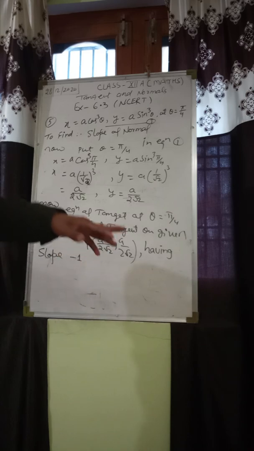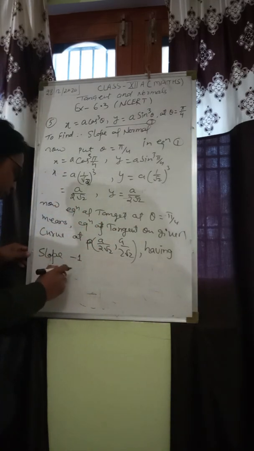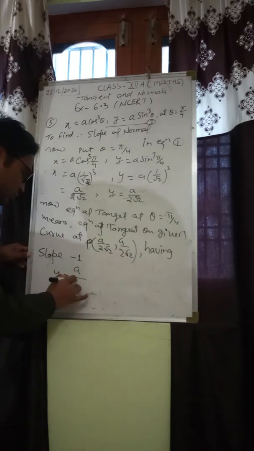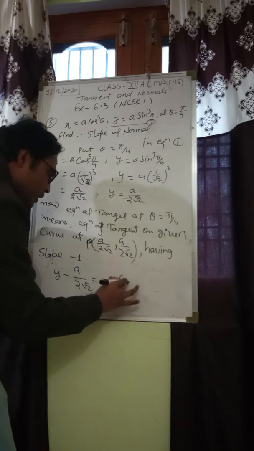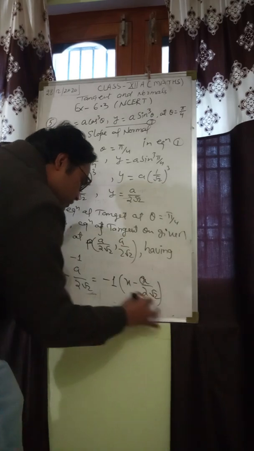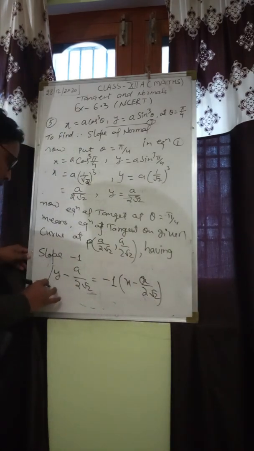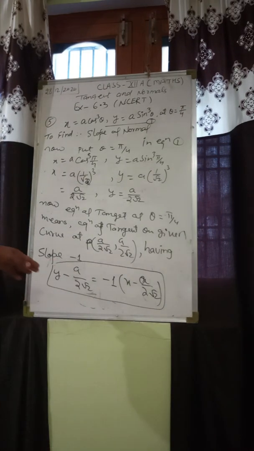This was the slope when we found it out, you can see this video again. So we have y minus y1, that is y minus a upon 2 root 2, is equal to its slope -1 times x minus a upon 2 root 2. That is the equation. You can solve it. Multiply 2 root 2 in all.